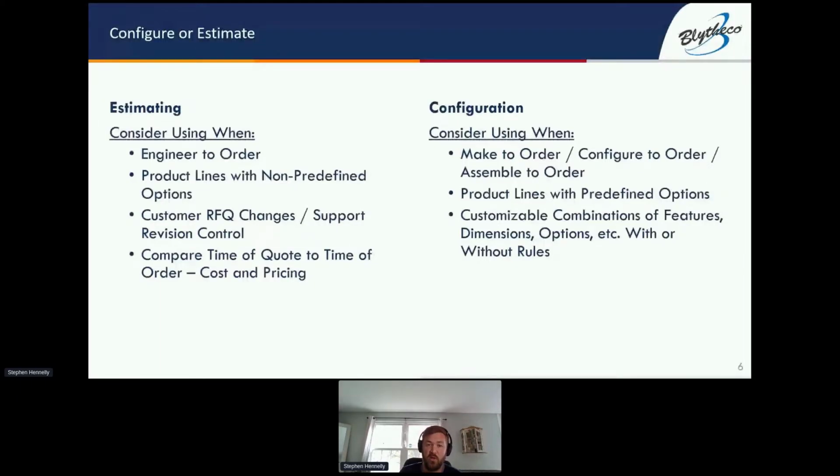They're working within certain stipulations, features, and options, but that information is defined ahead of time and provided to the sales team and the customer. Unlike an estimate, where you may gather requirements but then still have to engineer and put together what that information may look like, right?